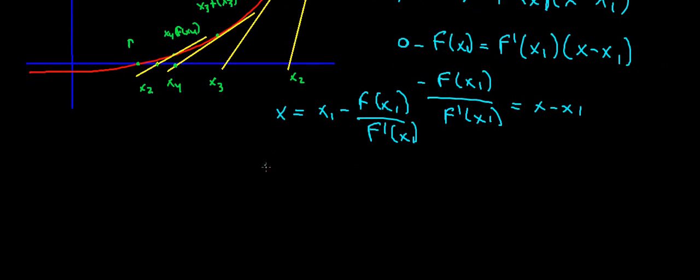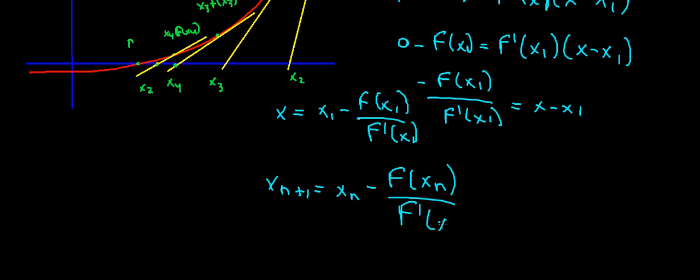And it's normally written like this: x_(n+1) is equal to x_n minus f of x_n divided by f prime of x_n.